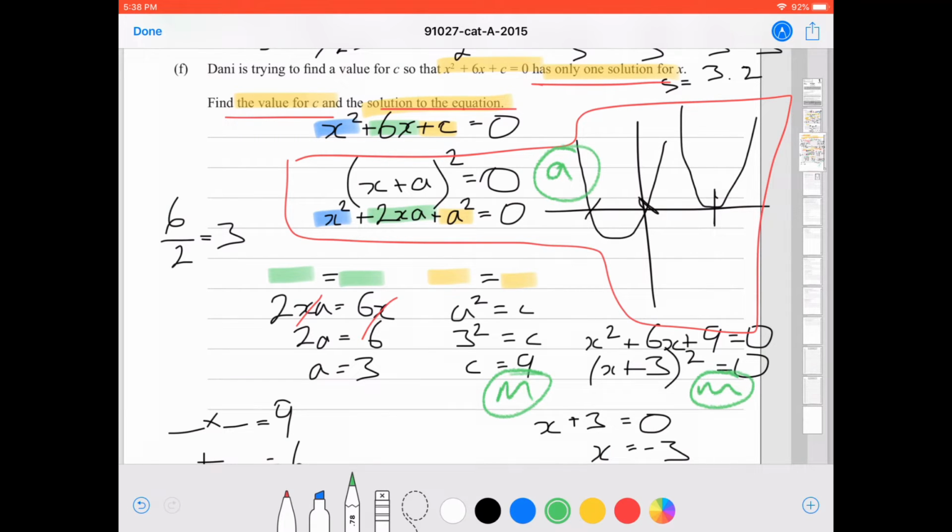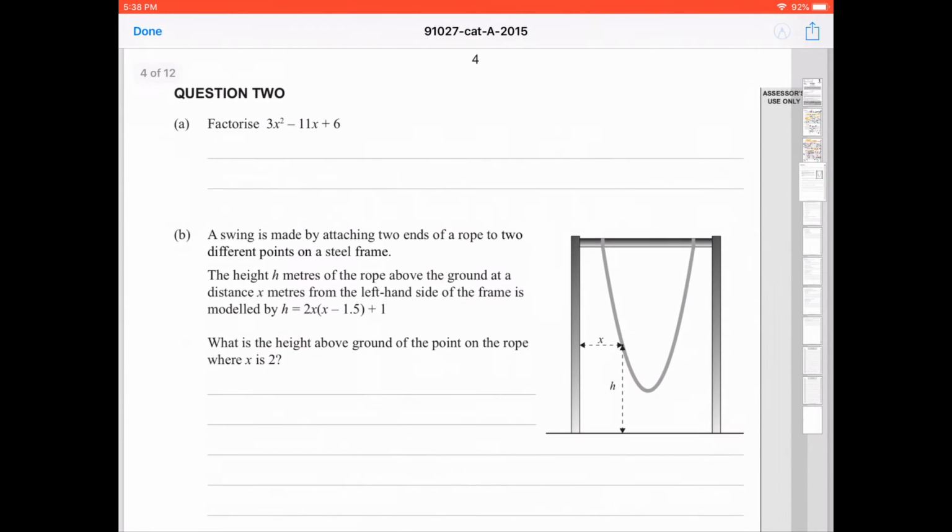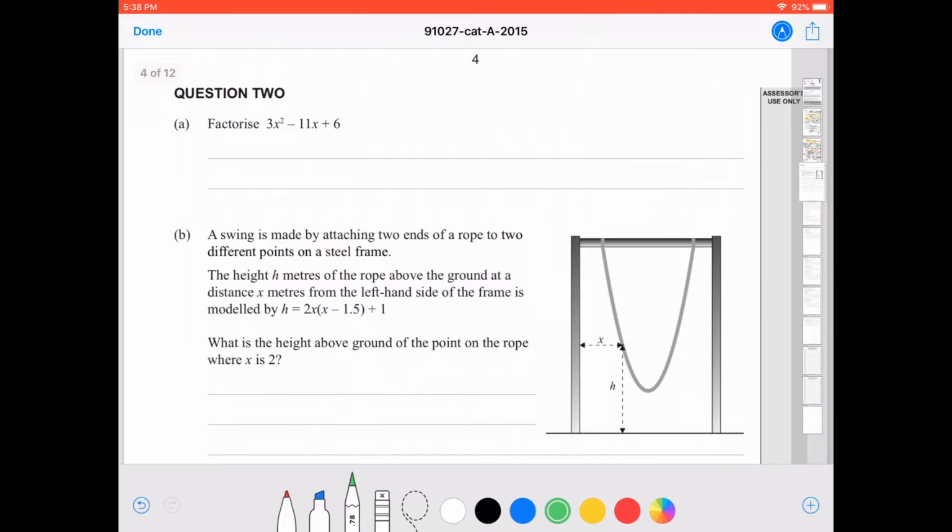Okay, let's move on to question 2 now. Question 2a, we've been asked to factorize this quadratic, 3x squared minus 11x plus 6.